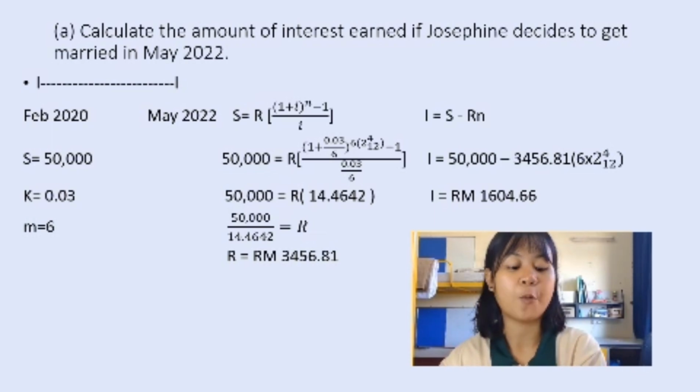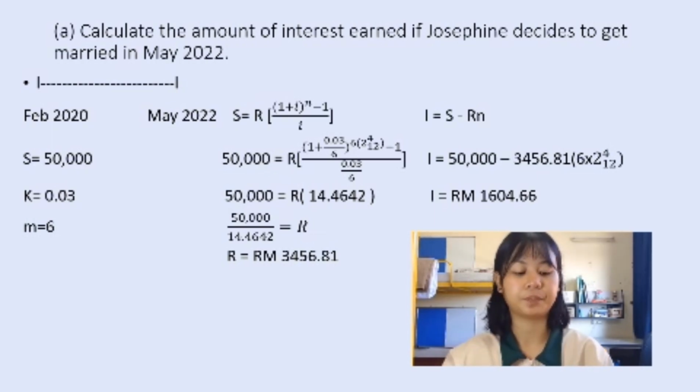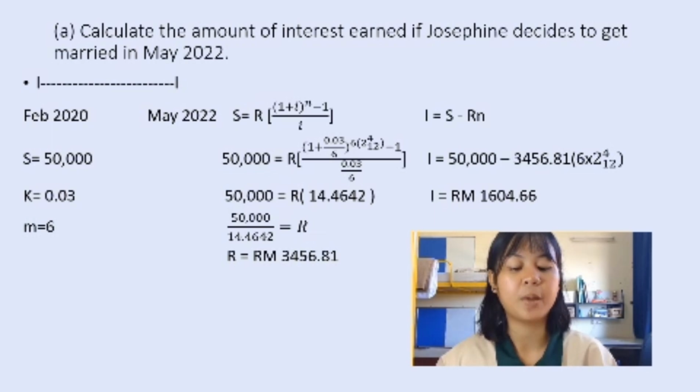So for question A, we need to search for the R first using the formula annuity S. We are using annuity S for this question because the question said she estimates that she will need 50,000 for her wedding.